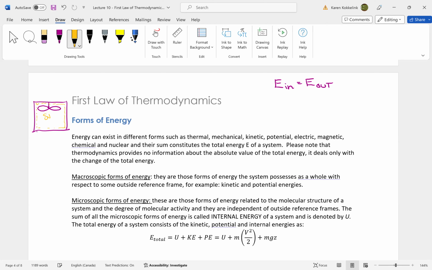So here I have a system and the surroundings of this system, and I can observe that by turning on this fan, I can add kinetic energy to the system from its surroundings.